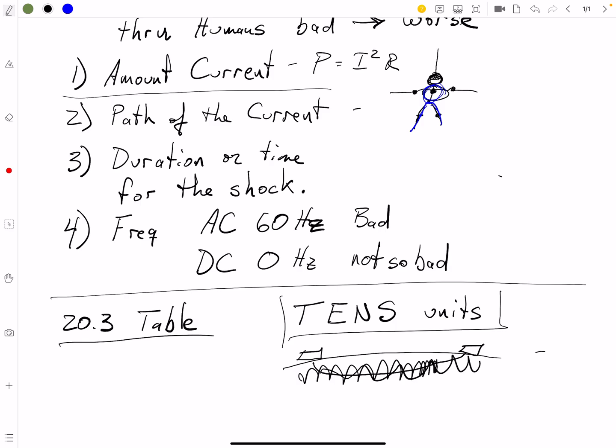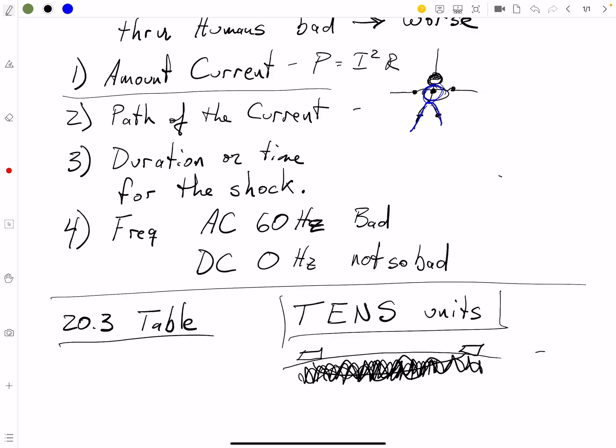Your muscle here would contract depending on what the TENS unit is doing. You can set it up to vibrate or do all kinds of stuff. Your muscles will contract and release very quickly over and over. That's the sustained muscle contraction.